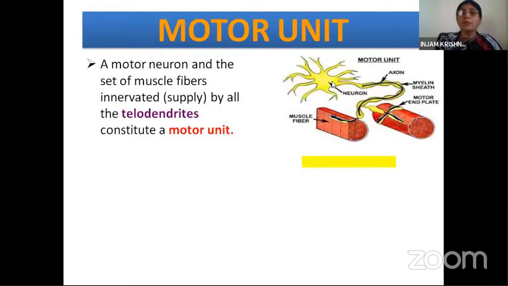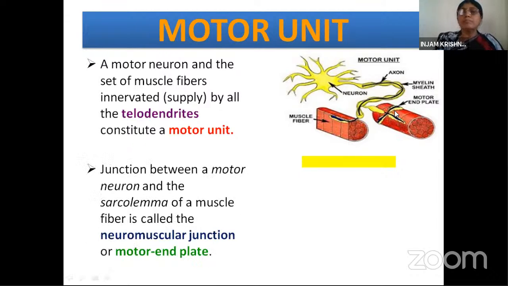See, this is the motor neuron. These are the endpoints, telodendrites. These telodendrites reach the sarcolemma of the muscle fiber. This is the muscle fiber. This is the sarcolemma. This is called a motor unit.